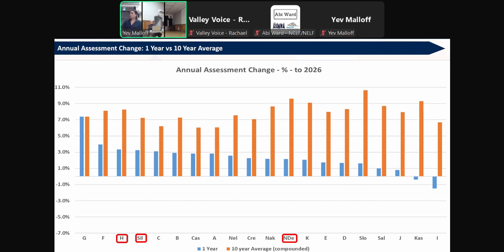New Denver, just under 2. So these are lower than the last few years. The average increase we've been running closer to 5 or 7, and now we're down to about 3. We've got K and Area I actually showing a decreased assessment value.